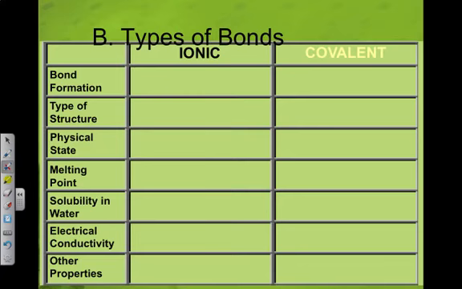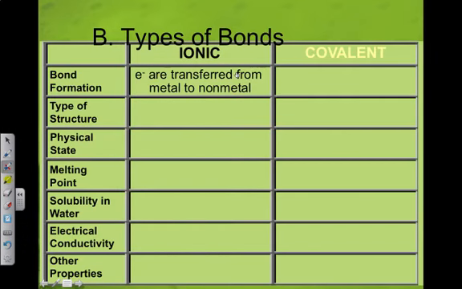Talking about ionic compounds, the bond formation happens because electrons are transferred from a metal to a non-metal. Look at this part: from a metal to a nonmetal. This is the big key in whether something is ionic or not. It's the easiest way to tell right off the bat if it's a metal with a nonmetal.